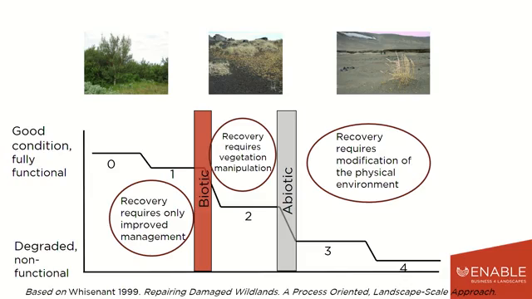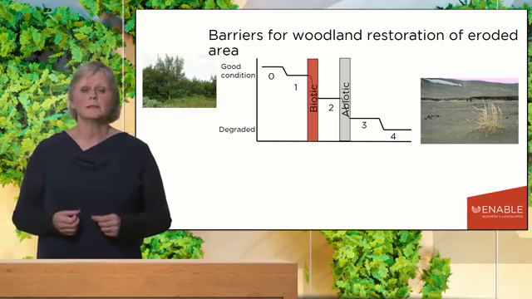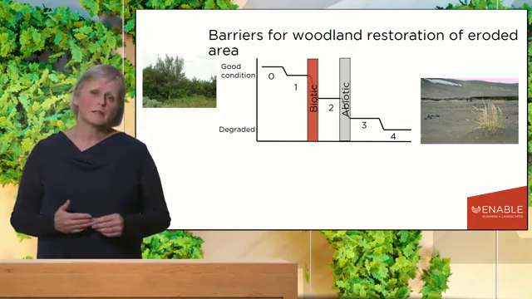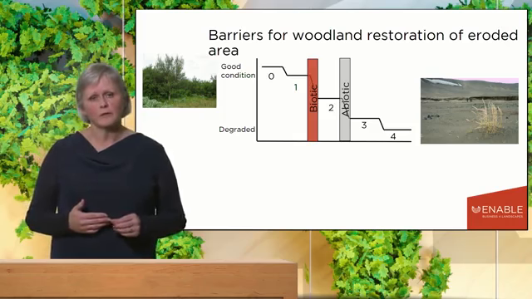To repair the system, we need to identify the active barriers and use appropriate interventions to overcome them. To give you an example, the loss of a key plant species, such as a main tree species, from a degraded area can be an important barrier to woodland recovery.